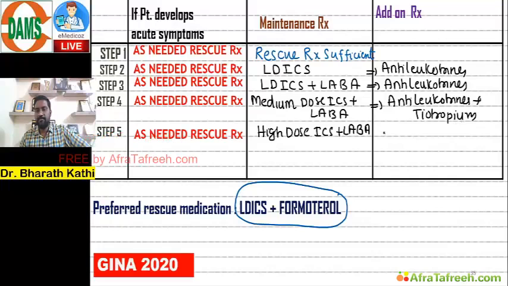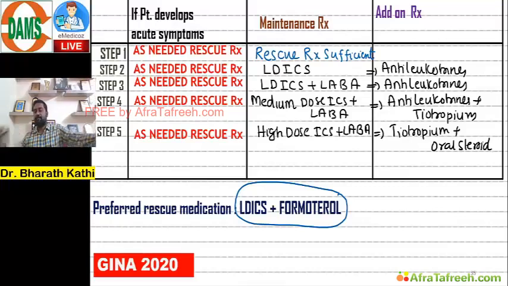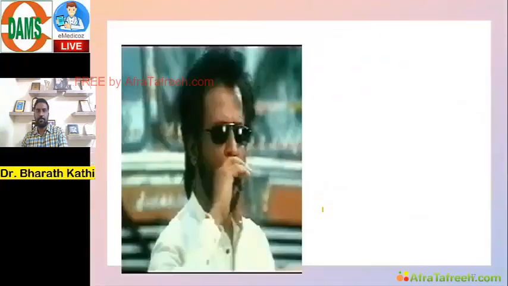Whereas step 5, we can give tiotropium plus oral steroid. So these are all the GINA 2020 guidelines. So maybe after April, after your exam, there will be 2021 guidelines. So if patient develops acute symptoms, now the rescue medication is low dose inhaled corticosteroid with formoterol.